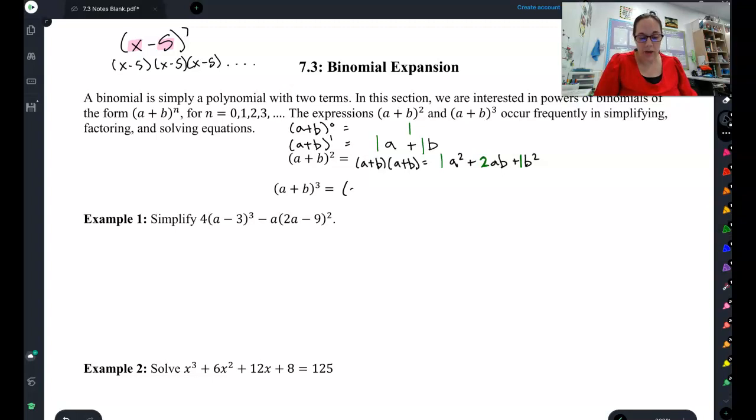And if you wanted to do a plus b cubed, that would be times itself 3 times. Now, that would take a considerable amount of work, so I'm just going to skip ahead for you and tell you it is a cubed plus 3a squared b plus 3ab squared plus b cubed. And once again, I'm going to highlight those numbers.